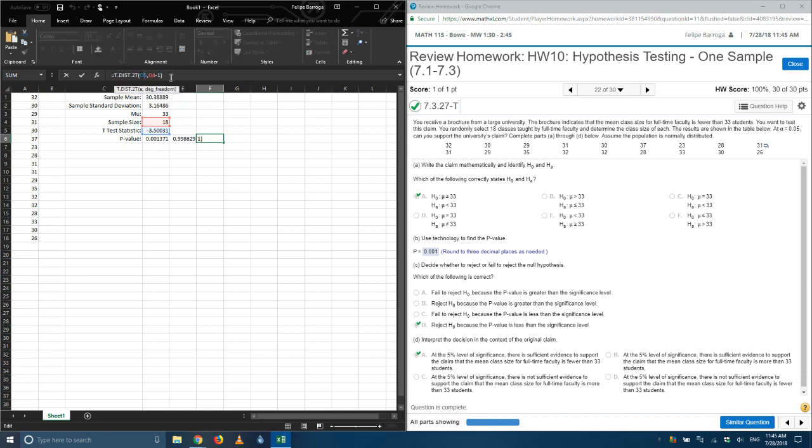So you're going to have to take the positive value, so we'll do the absolute function, absolute formula in here, and then we'll put in the degrees of freedom again.